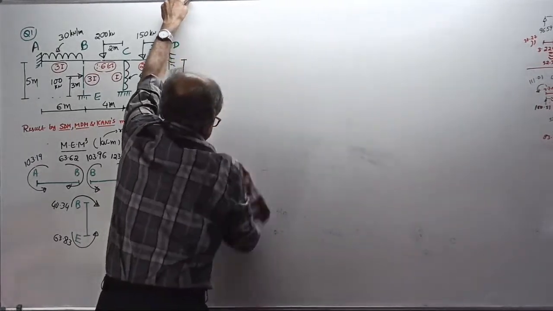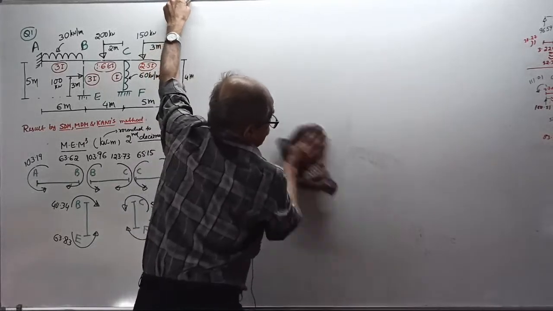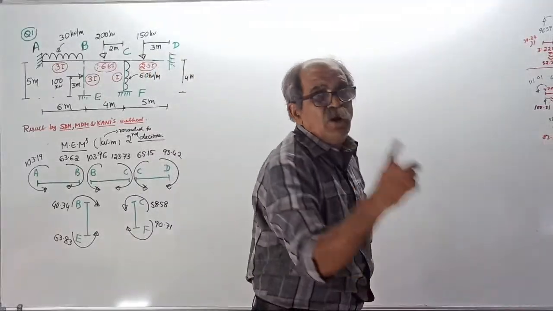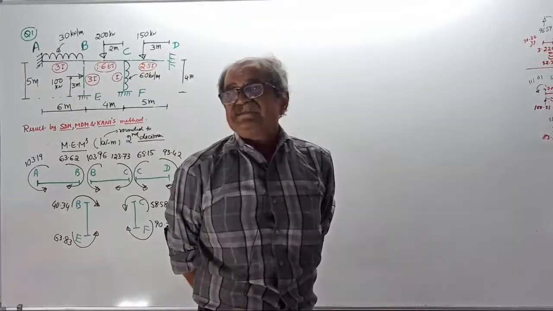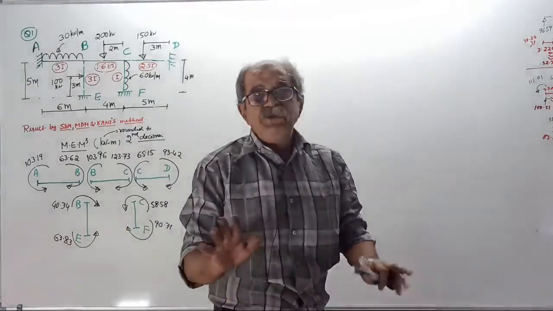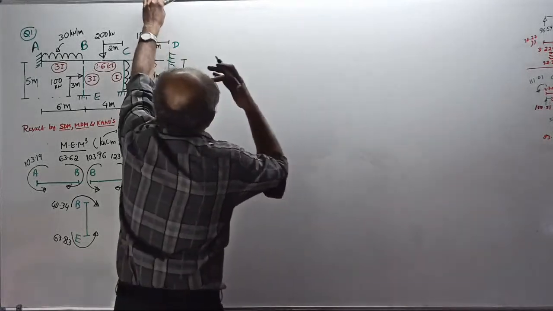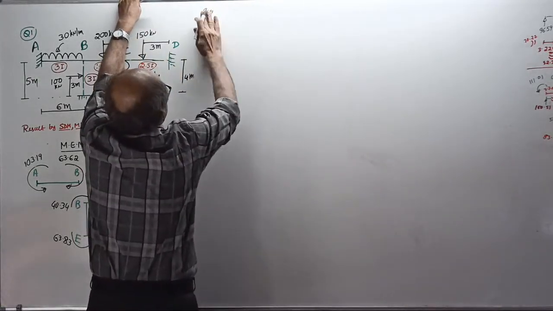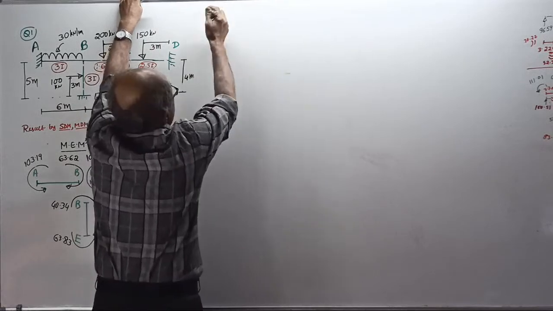Okay, now see. Make a note. If you want to draw SFD-BMD, then what you require is, you first write free body diagrams. Now next step is, make a note here.